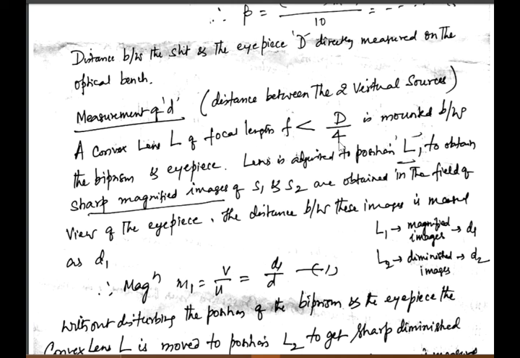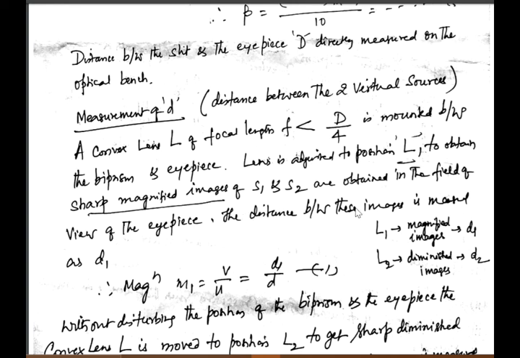It is mounted between the biprism and the eyepiece, and the lens position is adjusted to L1 to obtain sharp magnified images of S1 and S2 in the field of view of the eyepiece. That means you will get the images of S1 and S2 in magnified form on the screen.